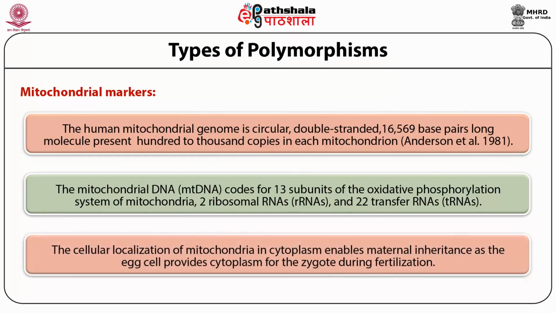The cellular localization of mitochondria in cytoplasm enables maternal inheritance, as the egg cell provides cytoplasm for the zygote during fertilization. The mitochondrial DNA has an effective population size of a quarter of that of autosomes.